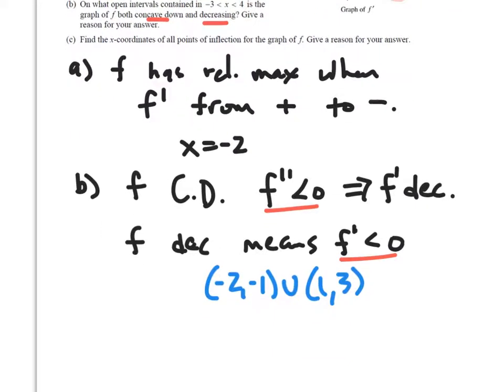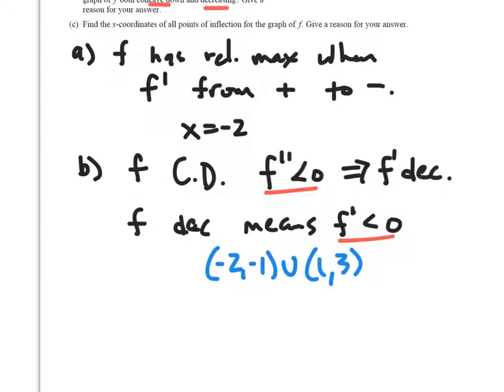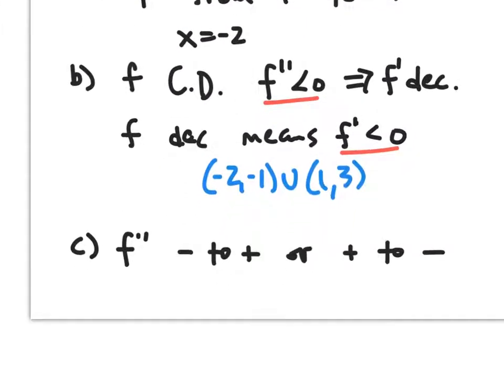Alright, so for part C, find the x-coordinates of all points of inflection. Points of inflection happen when the second derivative goes from negative to positive or positive to negative. The other scenario in which that happens is when f prime changes from increasing to decreasing, or decreasing to increasing.